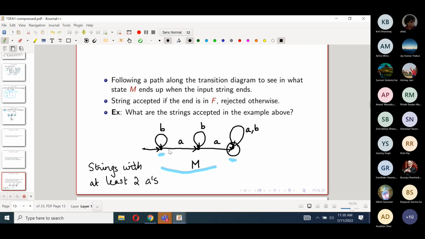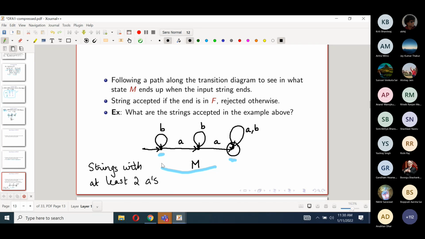If M gets a string with at least 2 A's, then yes, it ends up in a final state, and there's no way of exiting the final state. That's why if you have any string that has at least 2 A's, I am going to finally finish at the final state, and therefore I'm going to be accepting it.